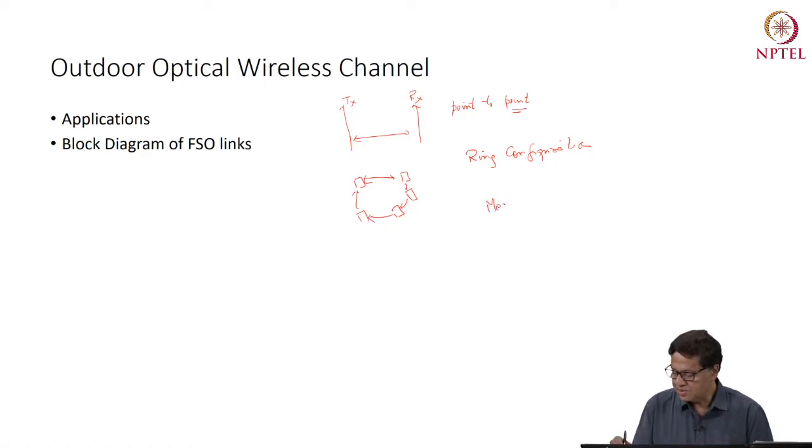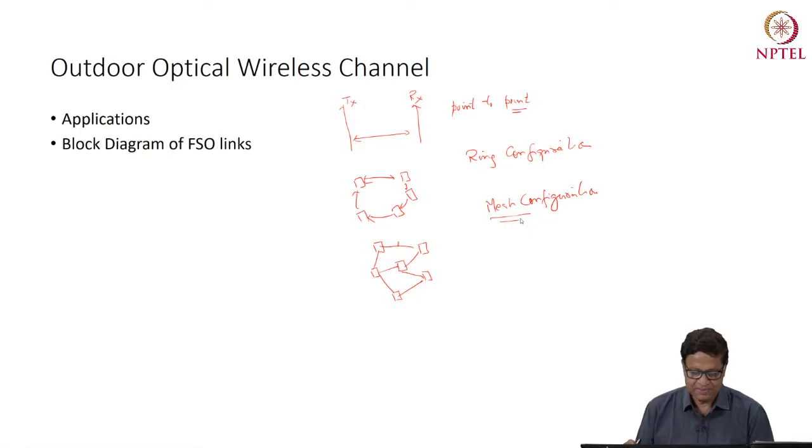Other could be a mesh configuration, where you connect the different nodes, which are the optical transceivers, so that whenever one link is down, you have some different paths. So that's the idea of having mesh configuration. So all these systems can be installed in all possible configurations, point-to-point, ring configuration or mesh configuration.